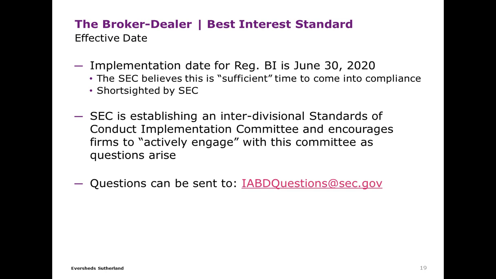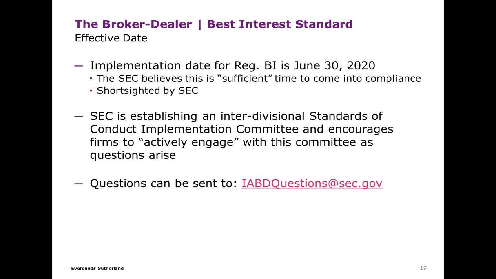And then finally, as an effective date point, and I touched on this briefly, the implementation date for Reg BI is June 30th, 2020, and the SEC believes this is sufficient for firms to come into compliance with the rule. It remains to be seen whether the SEC will extend this deadline in the future.